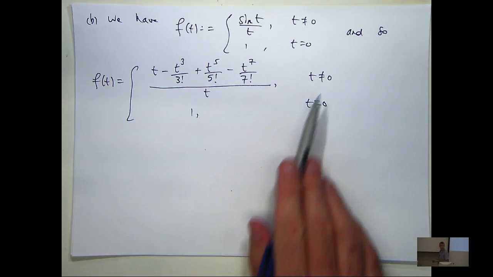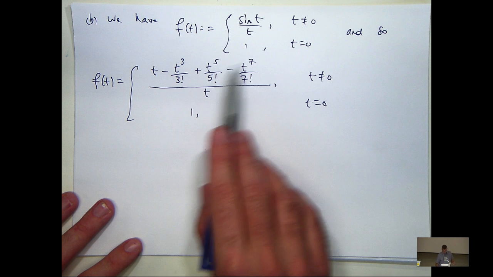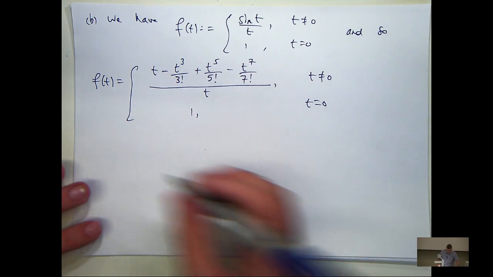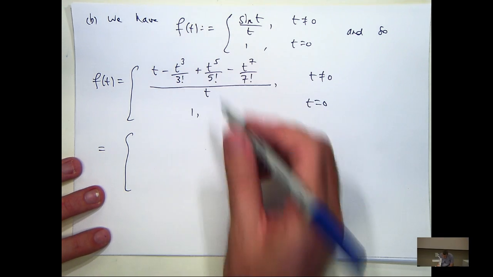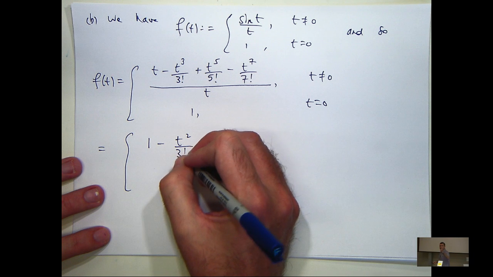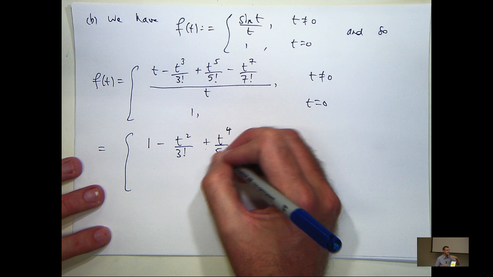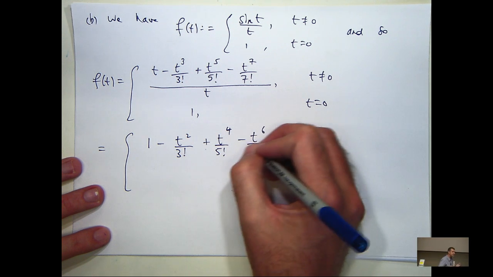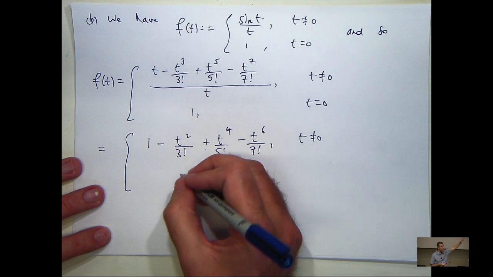So now, because we're not at 0, we can cancel off the t's, right? So up here, I'm going to get 1 minus t squared on 3 factorial, etc. And down here, I'm still going to get 1.